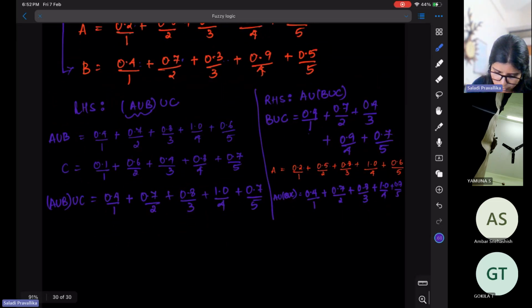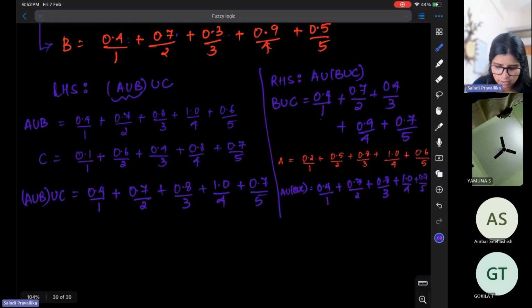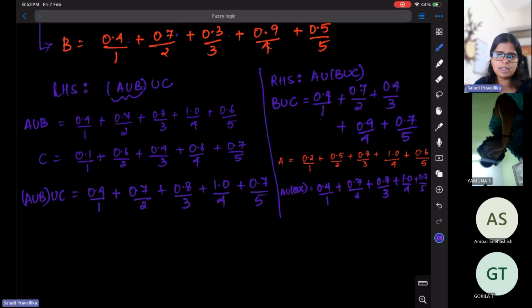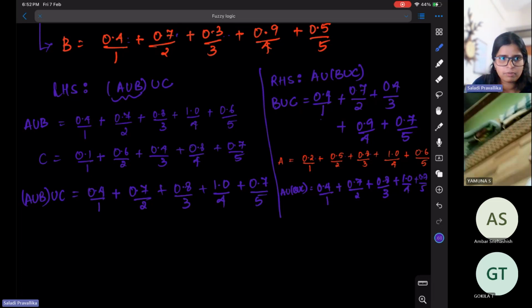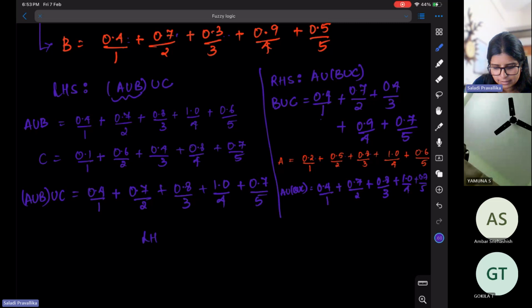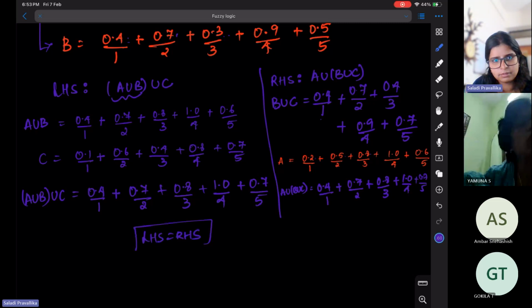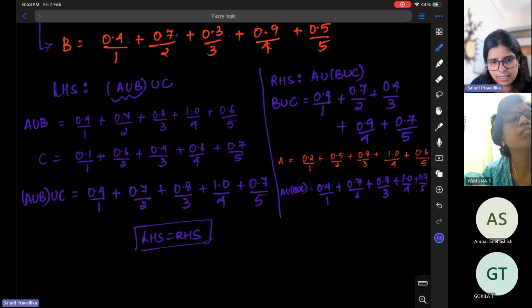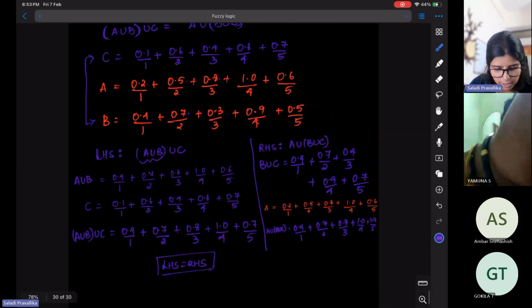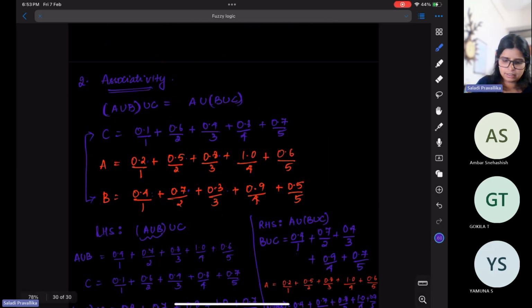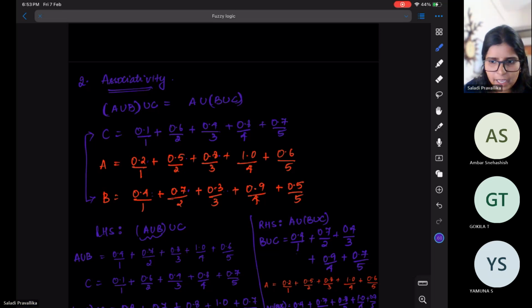So shall we look at both the LHS and RHS? 0.4, 0.7, 0.8, 1 and 0.7. So we can say LHS is equal to RHS. Right? Which means that the fuzzy set is respecting the associativity property. Right? Clear so far?